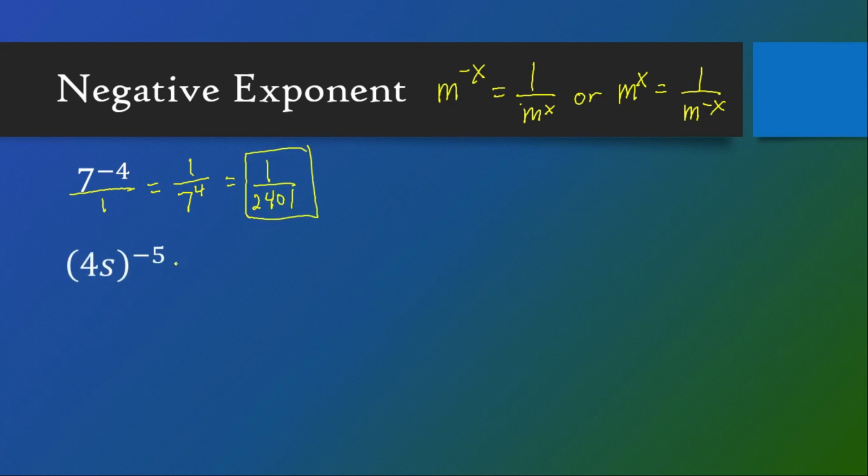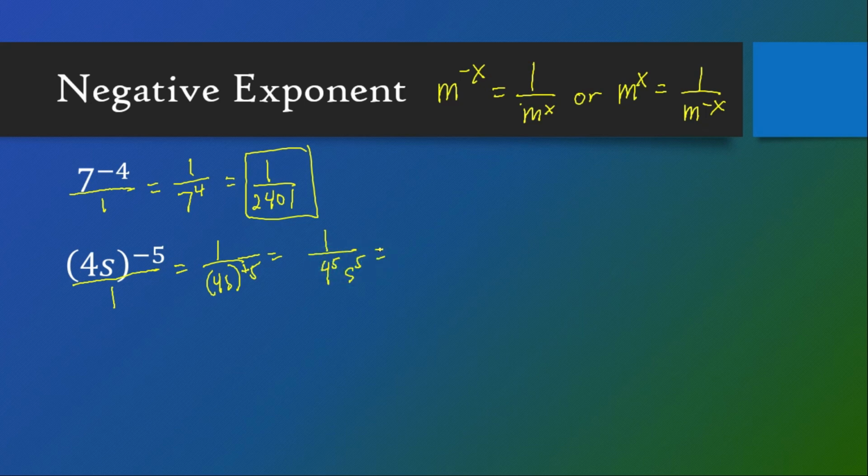Next one, we have 4s raised to negative 5. Over nyo ulit siya sa 1. Kaya naman, mangyari dyan, interchange nyo lang. We have 1 over 4s raised to negative 5. Okay, distribute si negative 5. Kaya magkakaroon tayo ng positive na pala to. 1 over 4 raised to 5, s raised to 5.